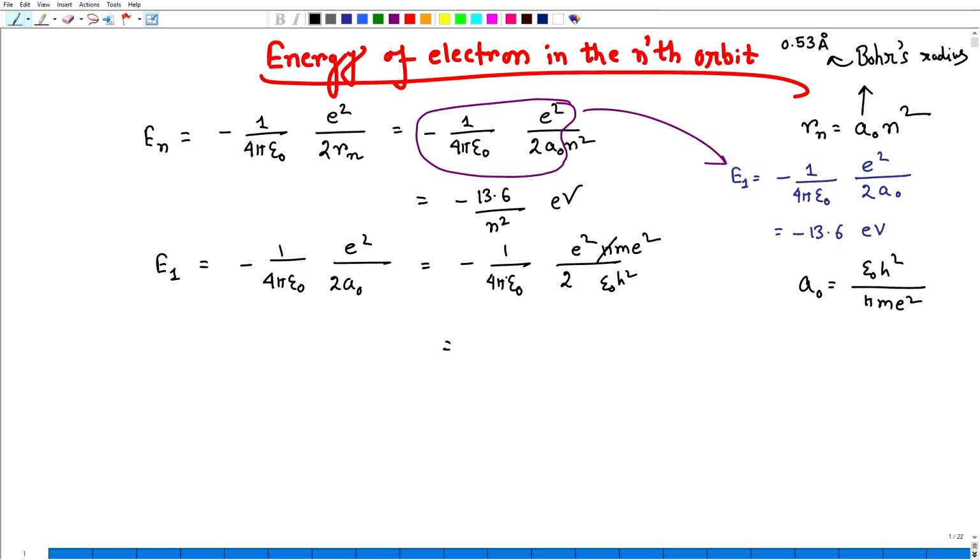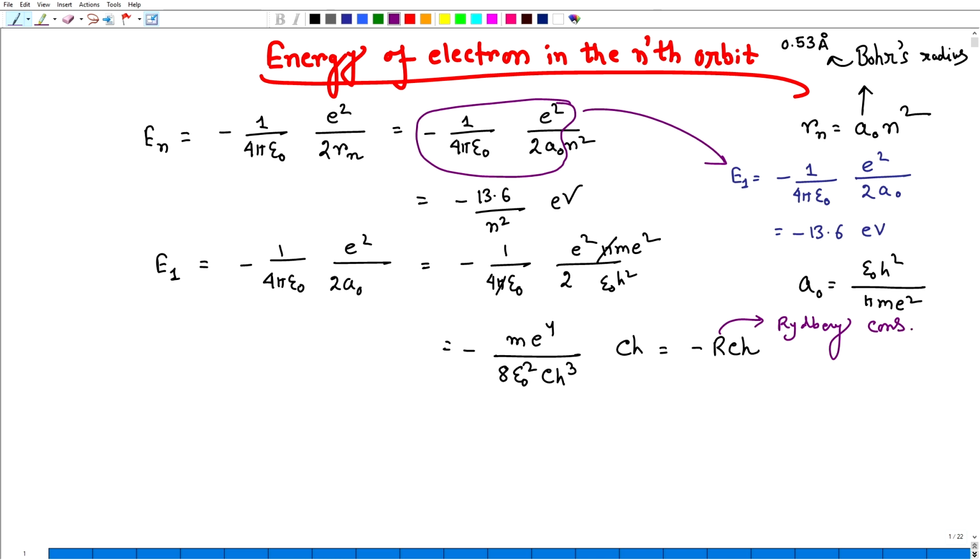So it will be this. Now pi will cancel out, and the rest of the part will be m e to the power 4, with the minus sign, over 8 epsilon naught square h square. And then we multiplied and divided by ch, and it can be written as R c h, where R is the Rydberg constant, right.